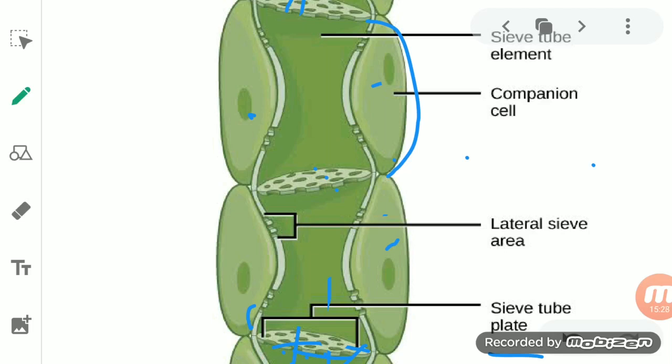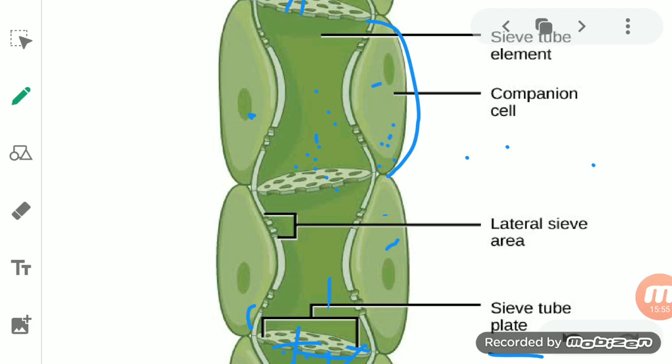So the nucleus is present in the companion cell and albuminous cell, but there is no nucleus, you can see here in the diagram, present in the sieve tube or sieve cell. So this is nucleated. This companion cell helps the sieve tube to carry out its metabolic activity and function.